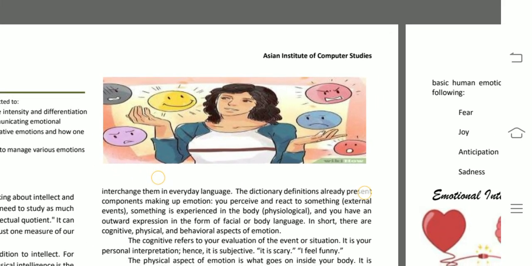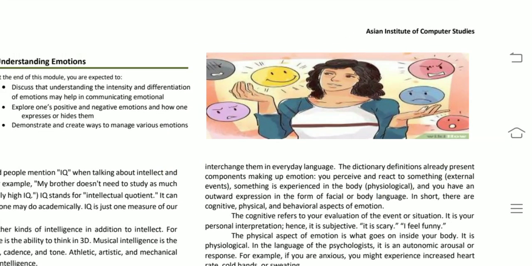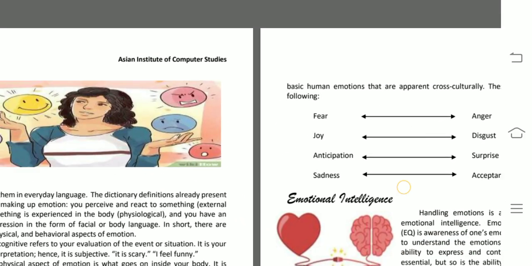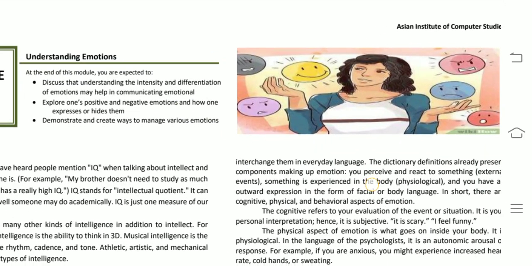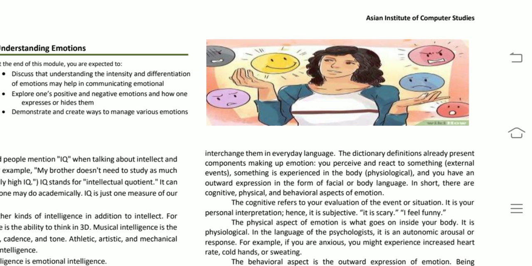So, usually kasi talaga ang isang tao ay napapaligiran ng iba't ibang klase ng emosyon. And these emotions are identified only once you get to know or interact with that individual.